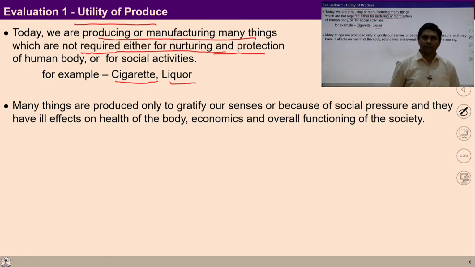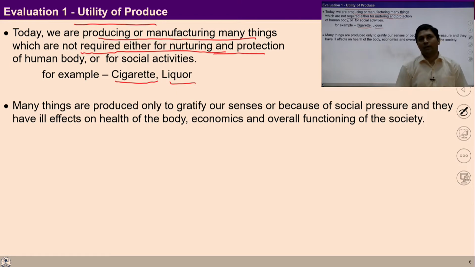You can pause for 2 minutes, make a list of the physical facilities which are being produced in the system, then evaluate them on the basis of utility of produce. If they are not nurturing the body, if these physical facilities are not protecting the body, then is it required to produce them?